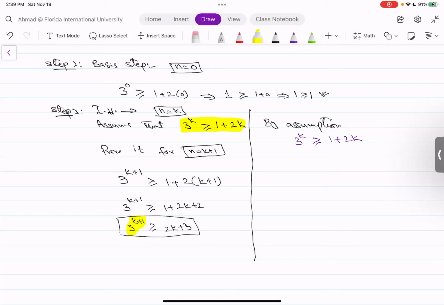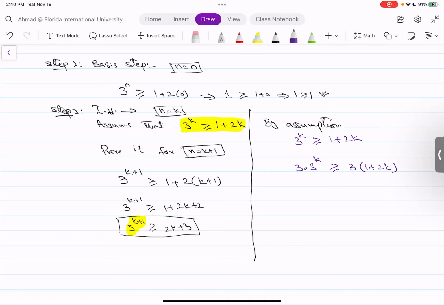In order to reach 3 to the power of k plus 1, I can multiply this 3 to the power of k by 3. That will make it 3 to the power of k plus 1. So I'm multiplying 3 on both sides. 3 times 3 to the power of k is greater than or equal to 3 times 1 plus 2k, right?